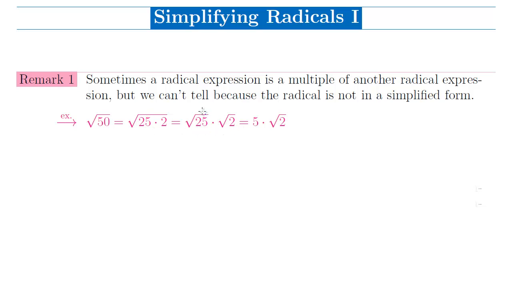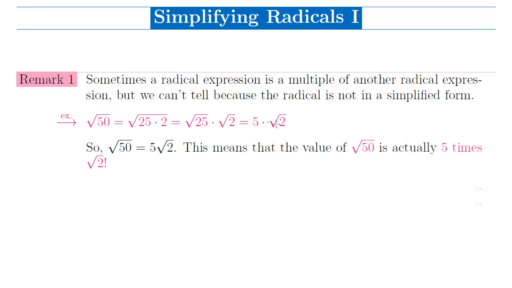After you break it up, you see that root 25 you can actually evaluate and turn into 5. So root 50 is equivalent to 5 root 2. The somewhat complicated radical root 50 is really just a whole number multiple of root 2. Root 50 is 5 times the square root of 2.